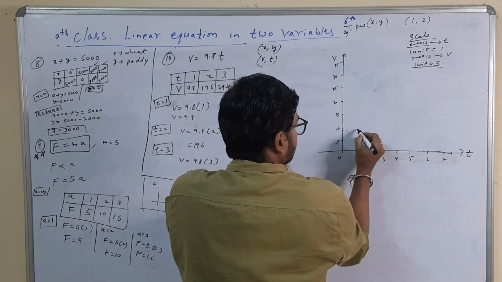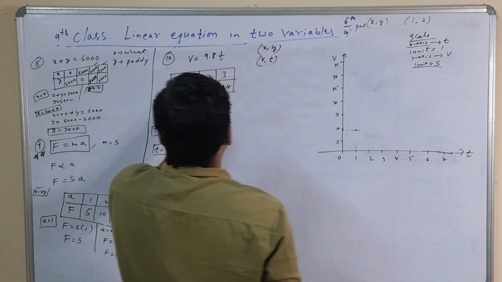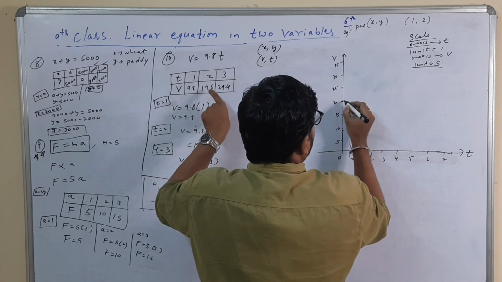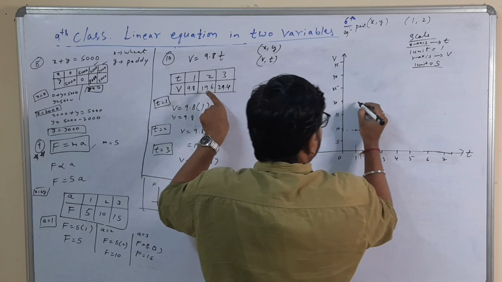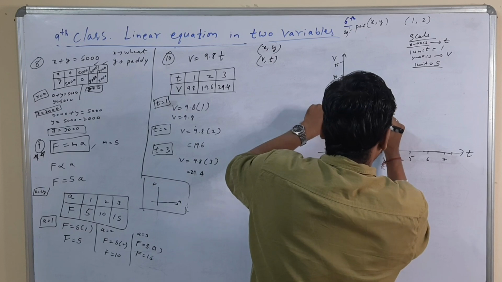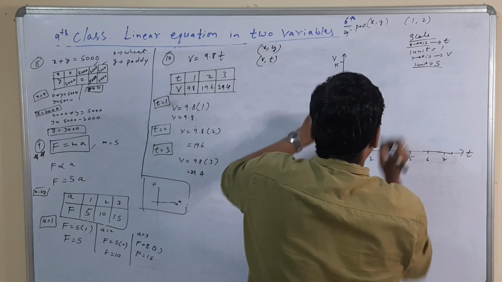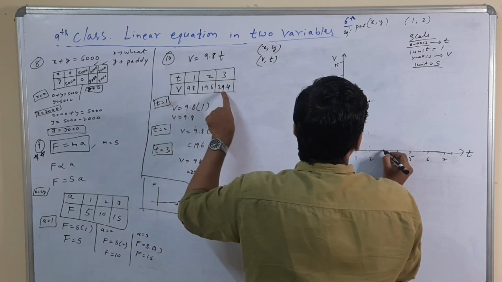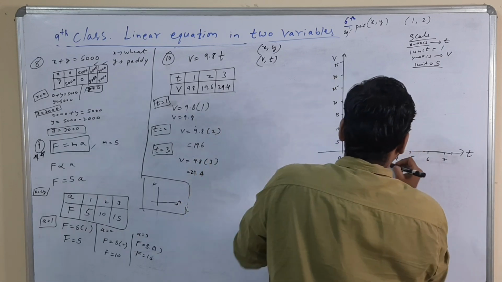So this is the value. Next one, 2, 19.6. 2, 19.6 is somewhere here below. This is the value. Next, 3, 29. 29 means here.